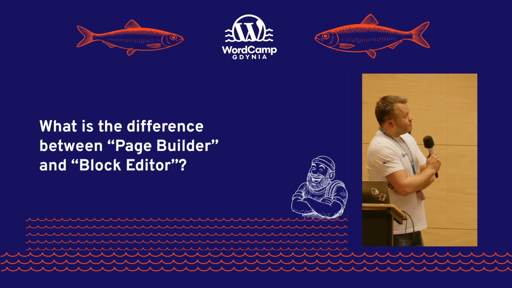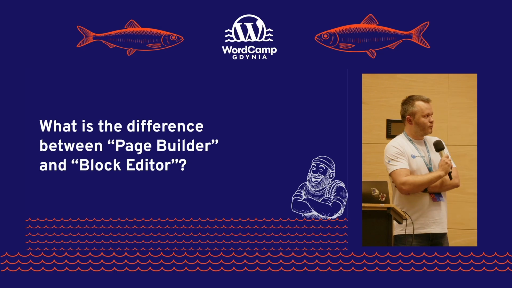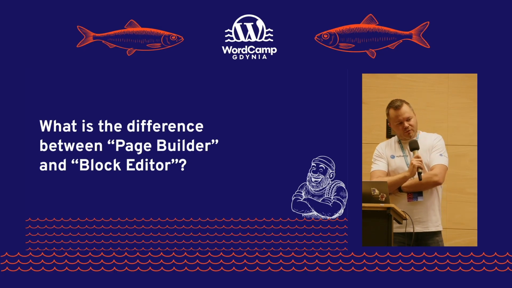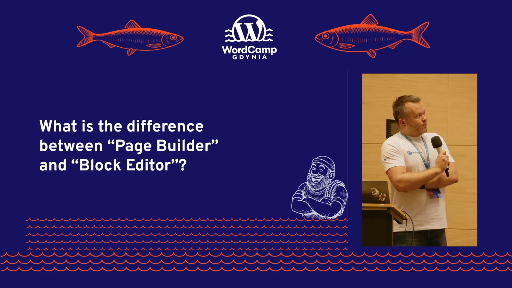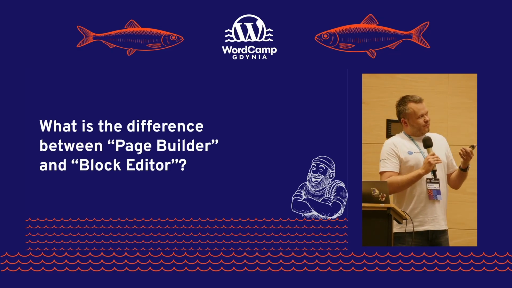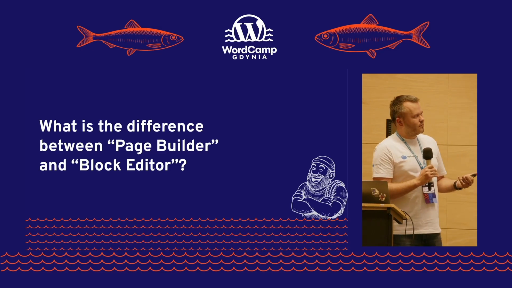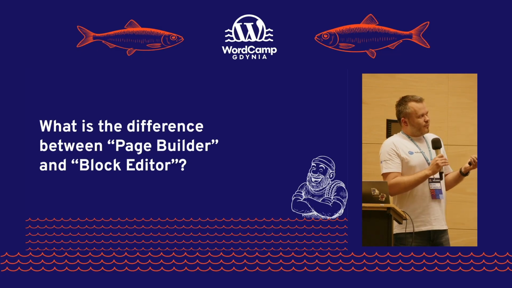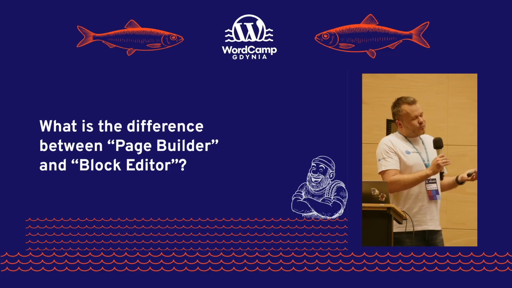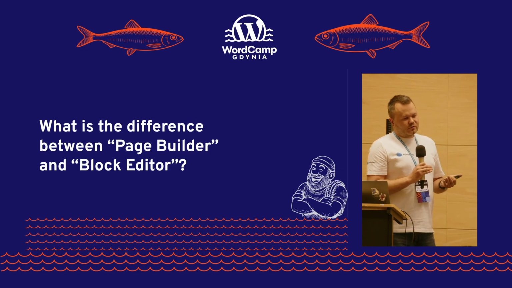So, page builders, block editors. I see in the community people are discussing, hey, what to choose. Should I go with the page builder or with the block editor? But one point that feels confusing for me, and I think for all the new people in WordPress, is that they don't understand the difference there. Basically, I couldn't compare a page builder with a block editor, because page builder is a group with multiple unique products.